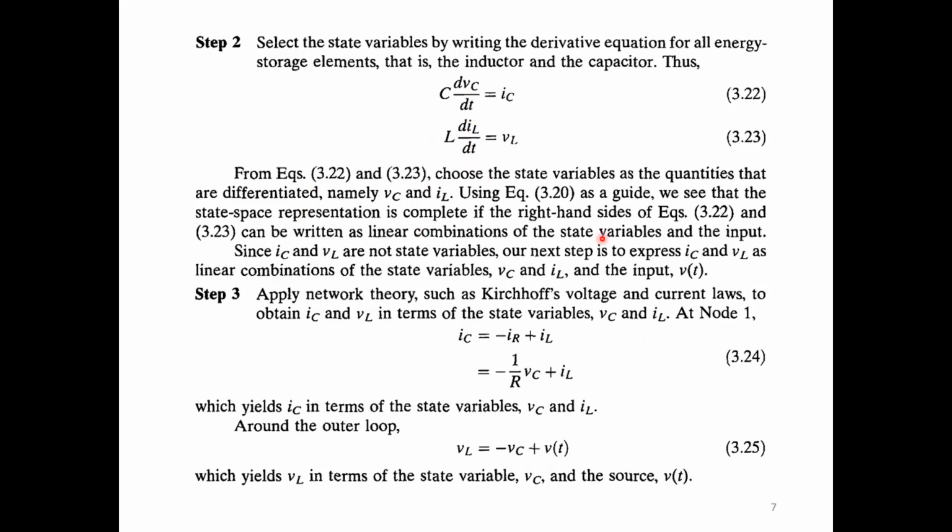We see that the state space representation is complete if the right hand sides of the equations can be written as linear combinations of the state variables. Okay, since IC and VL are not state variables, our next step is to express IC and VL as linear combinations of the state variables, VC and IL, and the input vT.